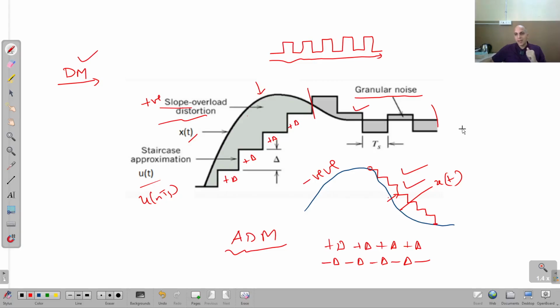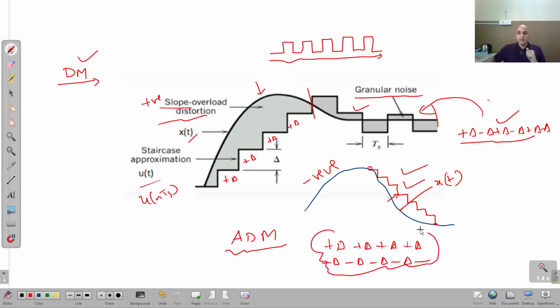Or the problem of plus delta, minus delta, plus delta, minus delta, which is granular noise. We call it granular noise, or we call it slope overload, right? These two problems are addressed in adaptive delta modulation, which I will discuss in the coming lecture. So thank you very much.